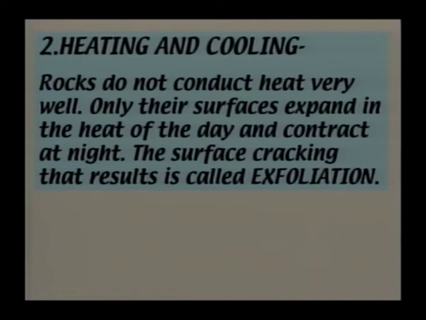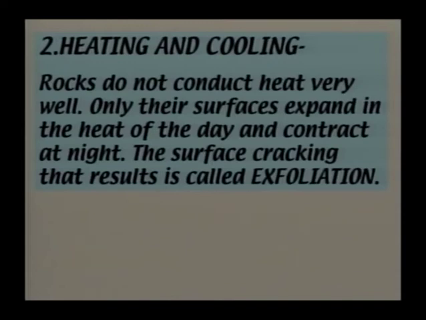The type of environment in which this weathering could be best developed would be a desert area, because during the day the temperatures are very high, and during the night the temperatures go very low. So the surface of the rocks expands in the heat of the day and then contracts at night, and the desert might be the best place to look at this type of example.